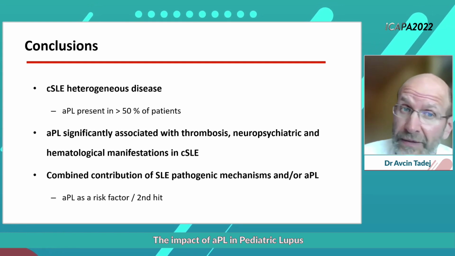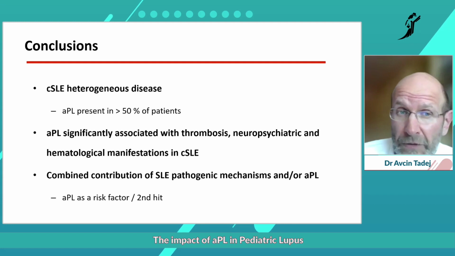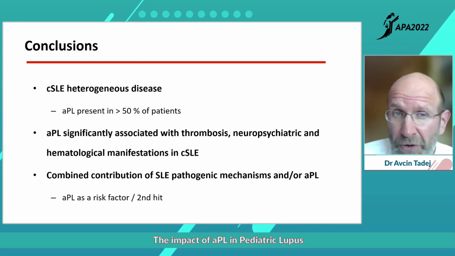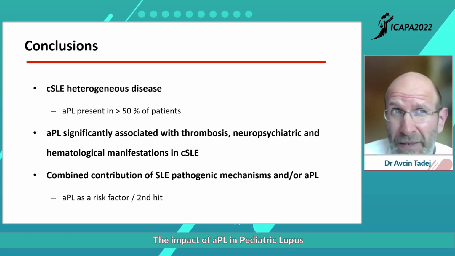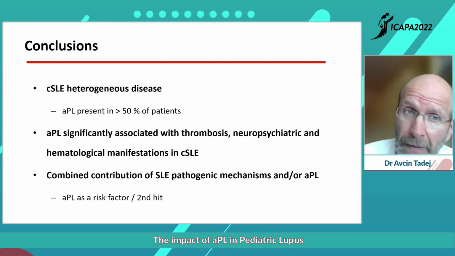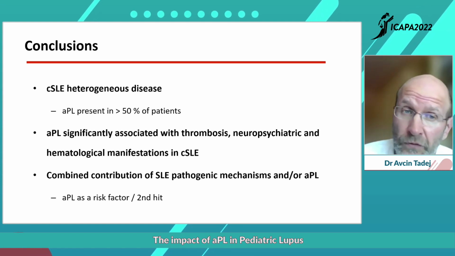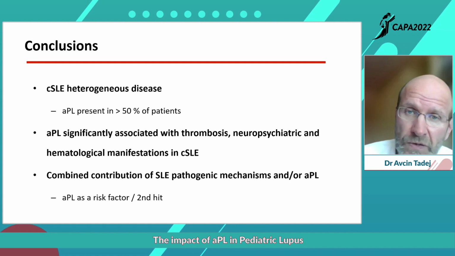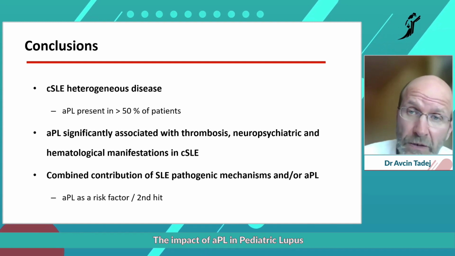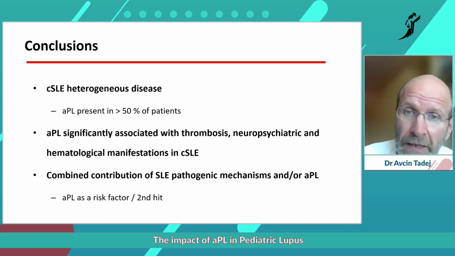We are able to identify some of these, and maybe in the future we will be able to identify more. But for antiphospholipid antibody presence, I would estimate that at least 50% of pediatric patients with SLE have aPL, most commonly anticardiolipin antibodies. And antiphospholipid antibodies were significantly associated, particularly with thrombosis, neuropsychiatric manifestations, and hematological manifestations.